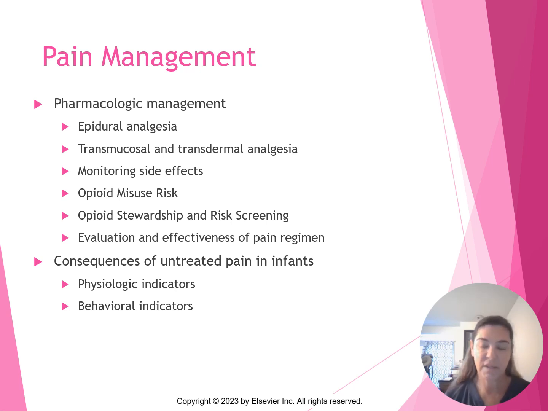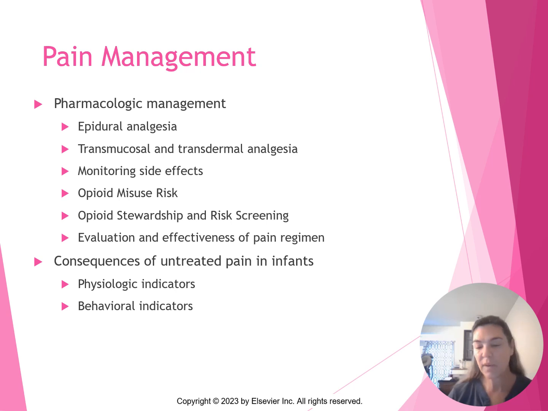Opioid misuse risk. So there's always that worry, especially by the parents, that if we're giving narcotics, the patient's going to become addicted to these narcotics. And this is a way we can help the parents, educate the parents, by saying that if they are truly in pain and they really need the medication, then they will not become addicted to this medication, and that we will monitor it very closely.